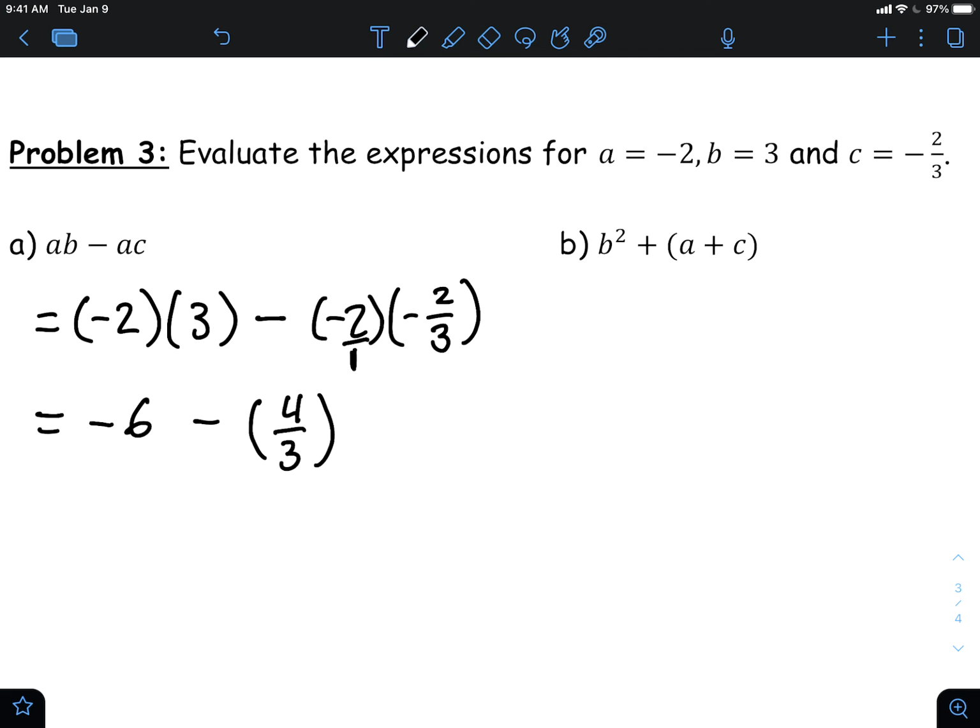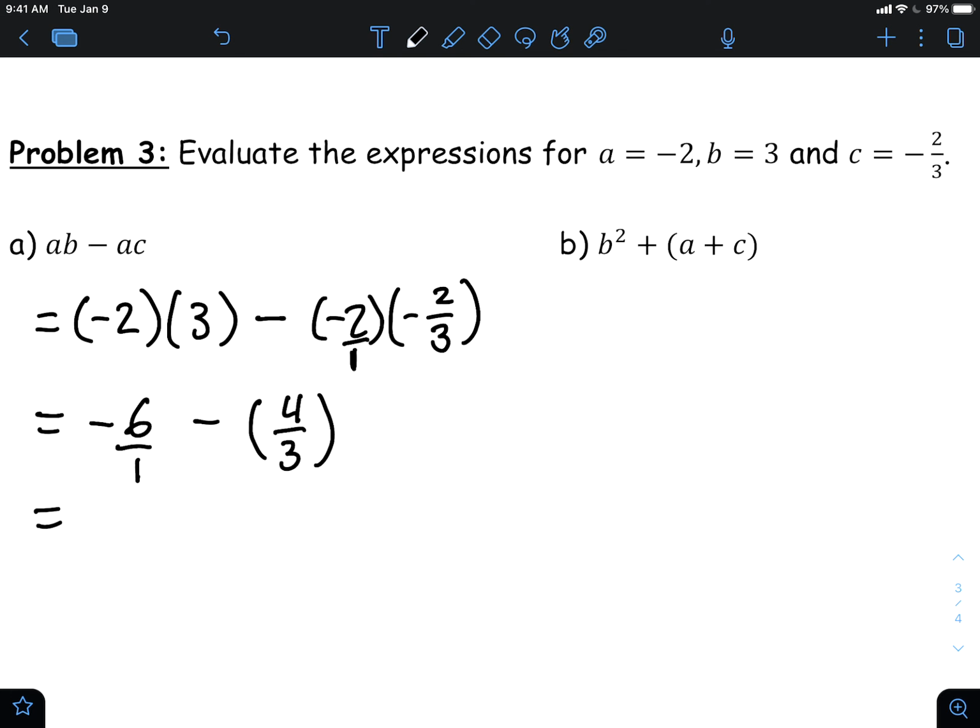Okay. So once again, now we've got our addition and, in this case, subtraction. We want to find our common denominator. This we can think of as negative 6 over 1. So our common denominator is just going to be 3, because we've got 1 as one of our denominators, and 1 has every other integer as a multiple.